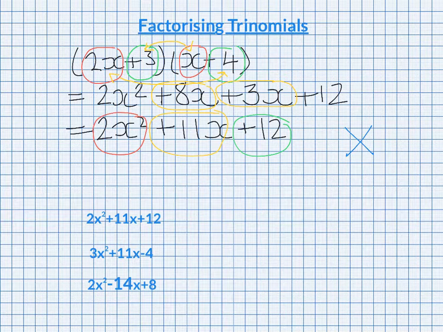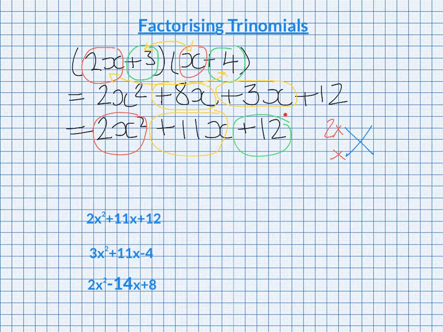On the left hand side I'm going to put what I know will multiply to give me the 2x squared. It's got to be 2x times x. Because 2 is a prime number, I don't have another choice in this instance. So I'm going to say 2x times x are going to be the first terms in each of my brackets. So I know that I've got 2x and I know that I've got x.